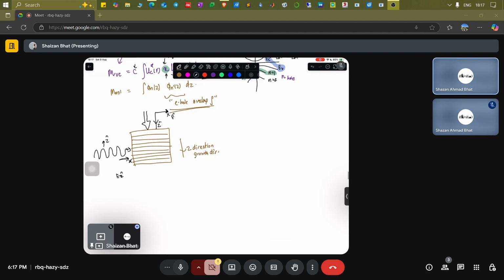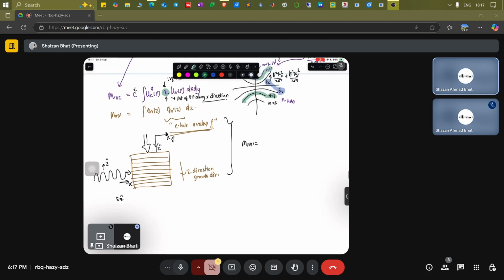Once we do it, we get the matrix element m n dash to be equivalent to this. This is the wave function in n, this is the wave function in n dash. If you have a 2D system, you know the wave function in n and the wave function in n dash.